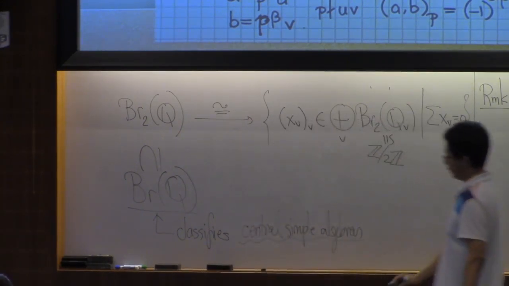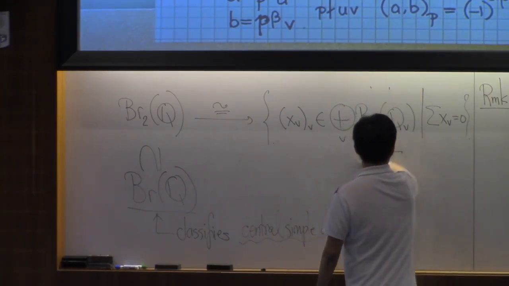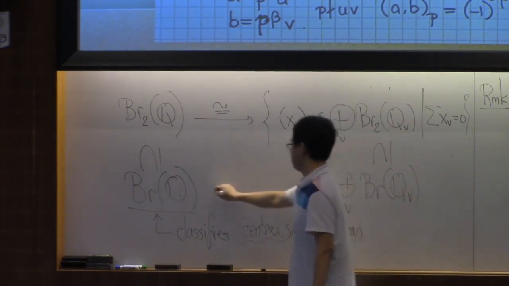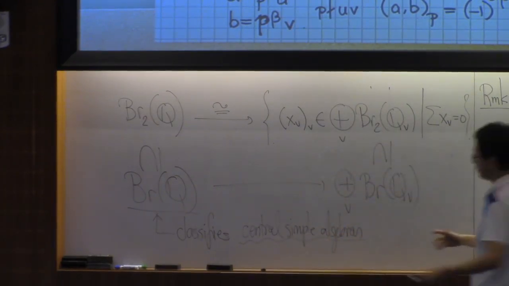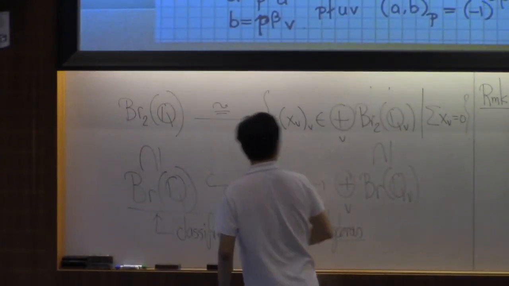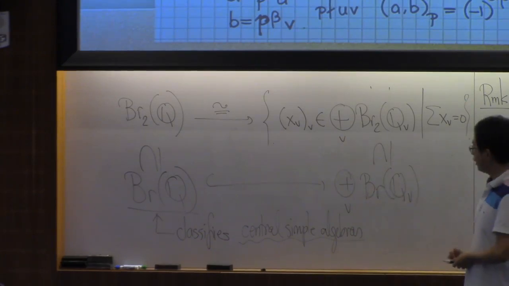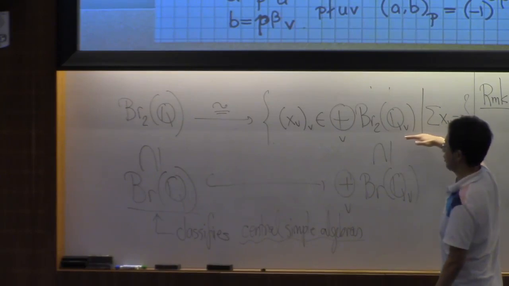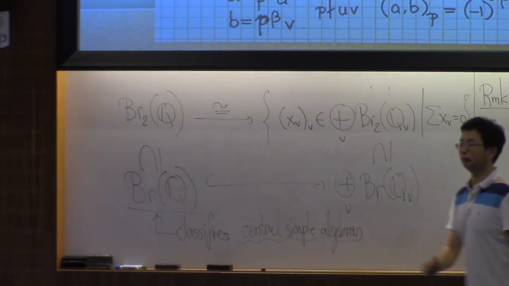Quaternion algebra is one of the special cases of central simple algebras. And for each local one, you can do the same thing. You also have a standard map like this, and this map is again injective, and you can describe what the image looks like. Whatever we talked about in this lecture series about quaternion algebras is a 2-torsion version of this embedding.